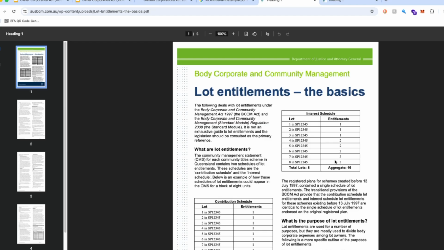This can be due to the size of the lot you bought. People who bought a larger size tend to have a larger entitlement.